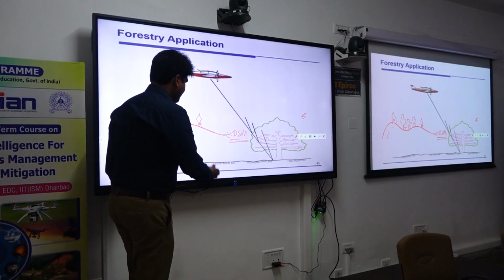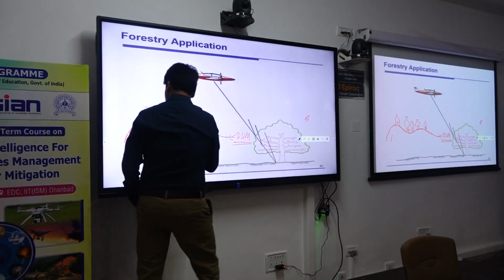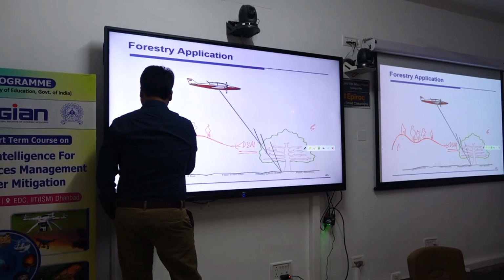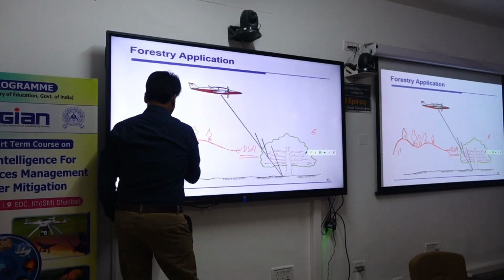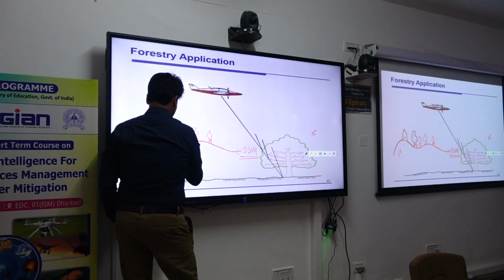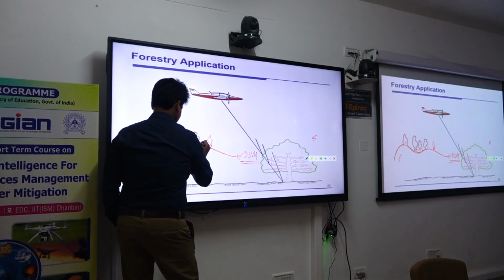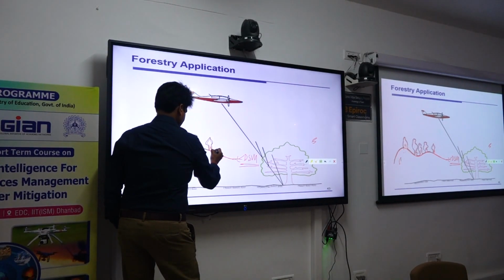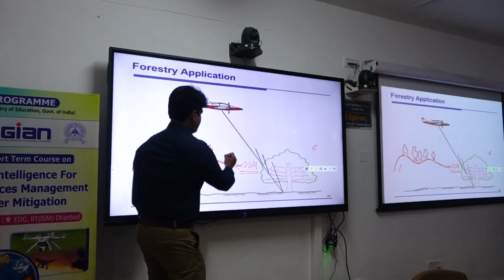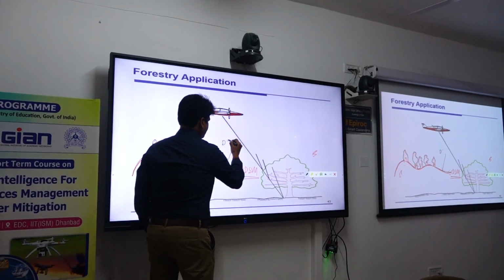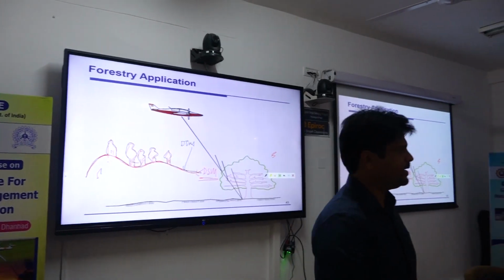Whereas if you go like this, this is what you call the digital terrain model, right? Okay?